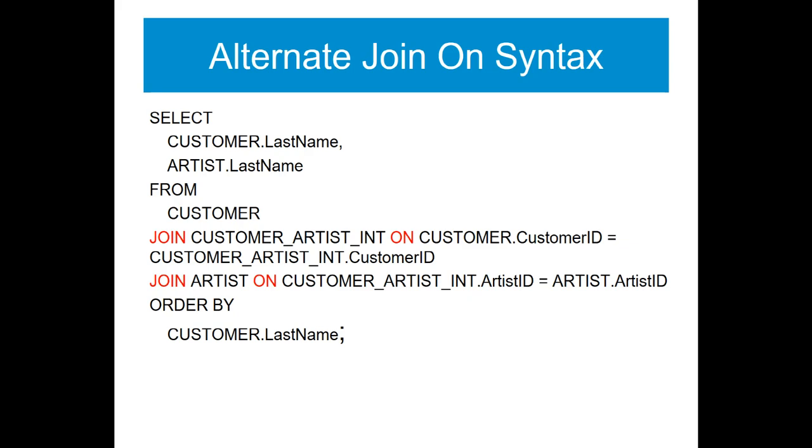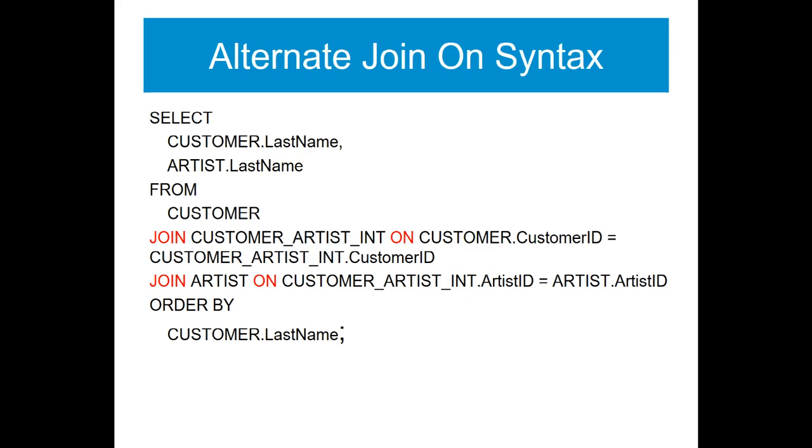So what I've got is a join, and a table name, in this case, customer artist intersection, on, and a criteria. What is the criteria to do the join? The criteria to do the join is the customer ID in the two tables matches. This is very similar to what we did before, except we've got this join in here, okay?